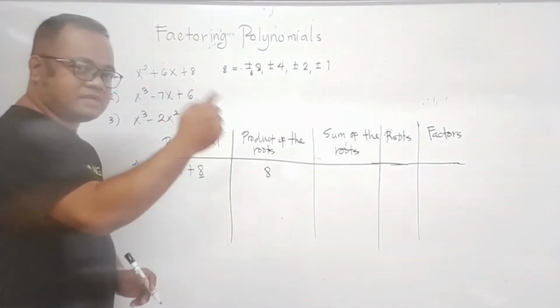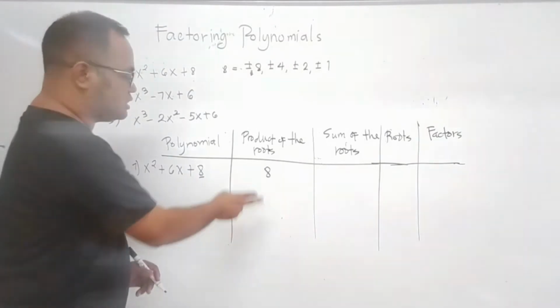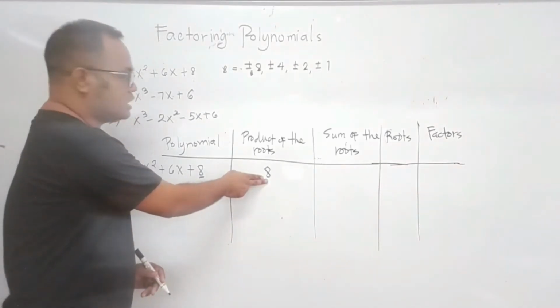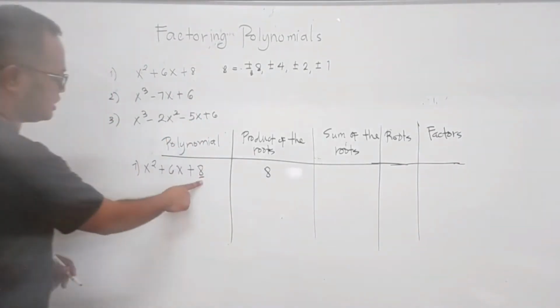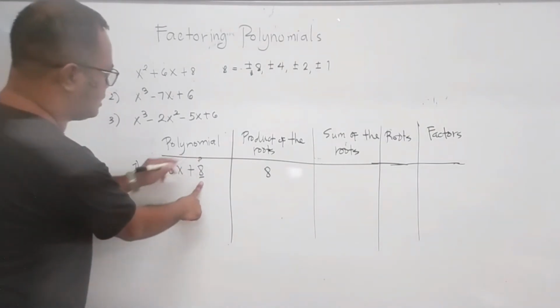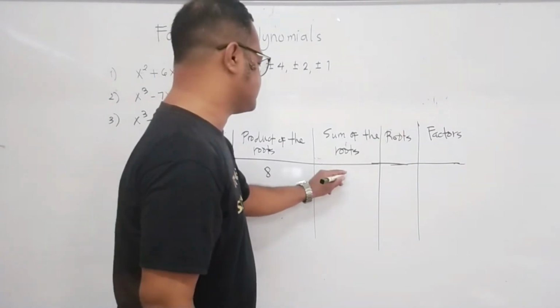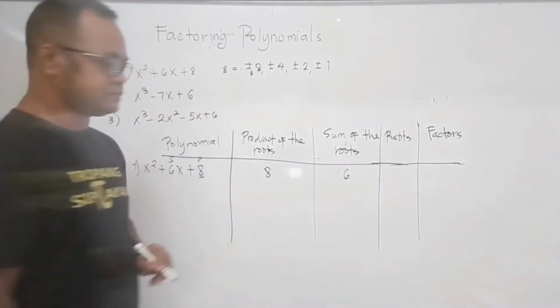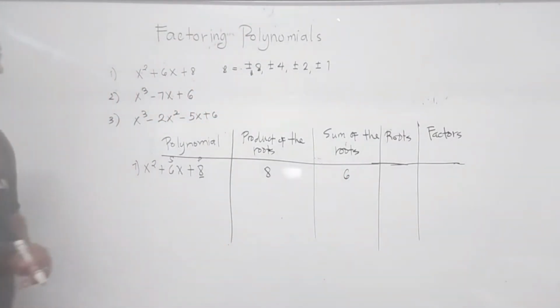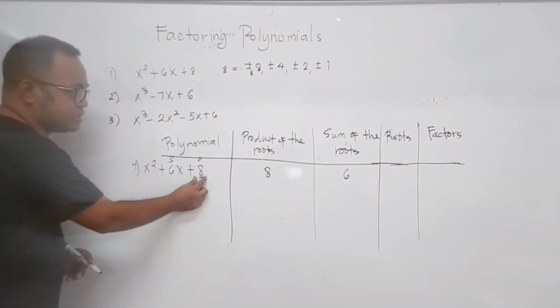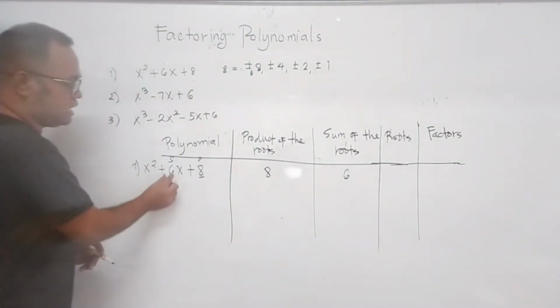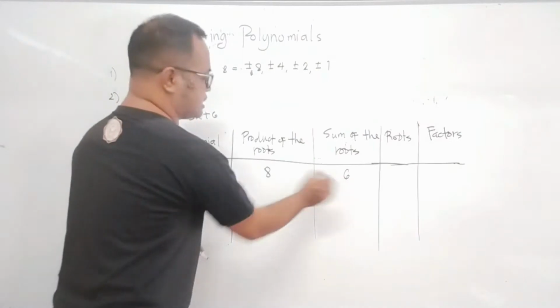The product of x1 and x2 is 8, and the sum of the roots is positive 6. So the product is 8 and the sum of the roots is 6.